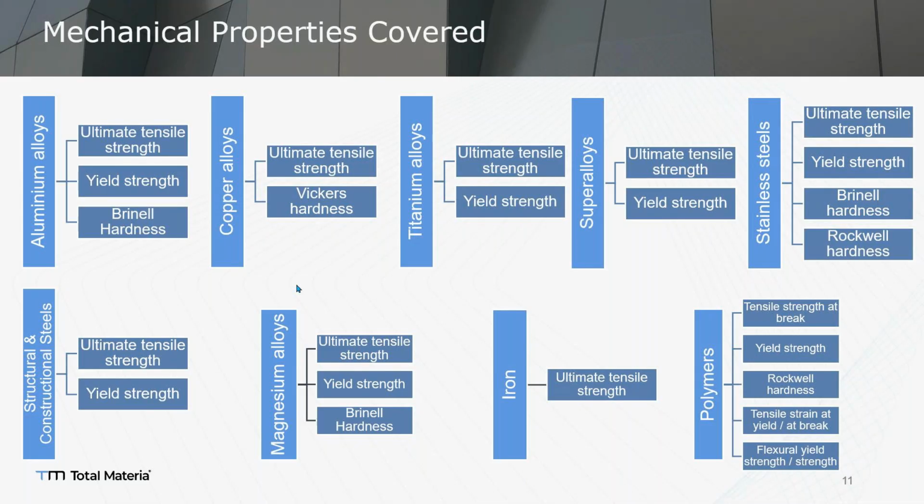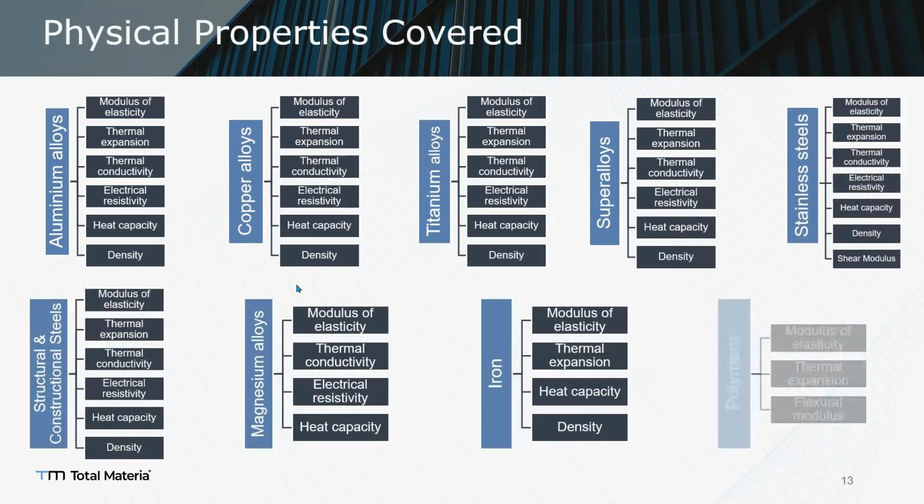But in all, you're going to find mechanical and physical properties covered by aluminums, coppers, titanium, superalloys, stainless steels, structural and constructional steels, magnesium alloys, iron, and polymers, as well as the physical properties. So we got a really good set of all of that material information.